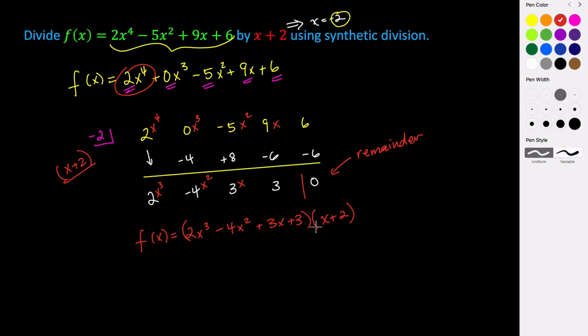And if you had to find more zeros, it also means that x equals negative 2 is a 0. If you had to find more zeros, you could continue doing synthetic division for this and find more, or use other means to find the remaining zeros.